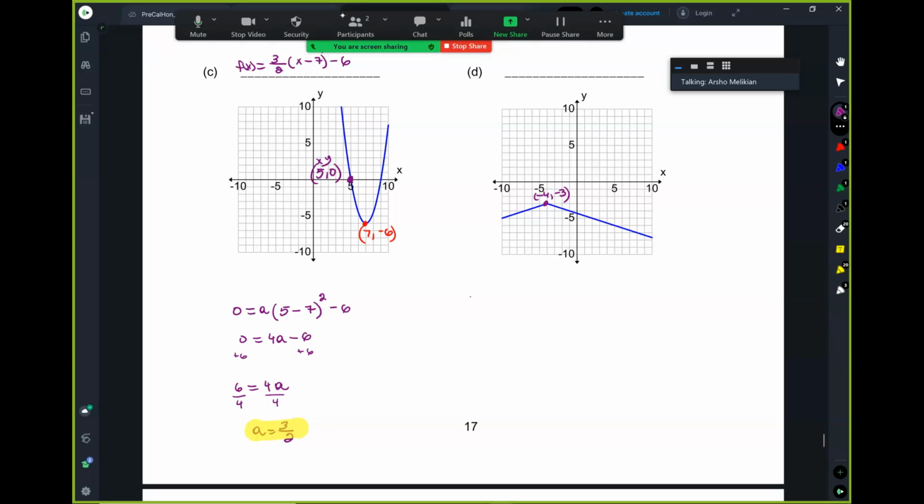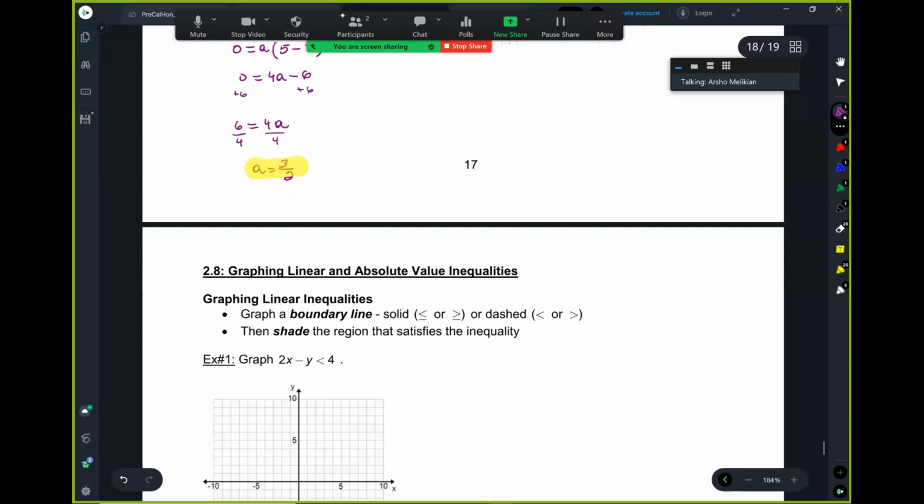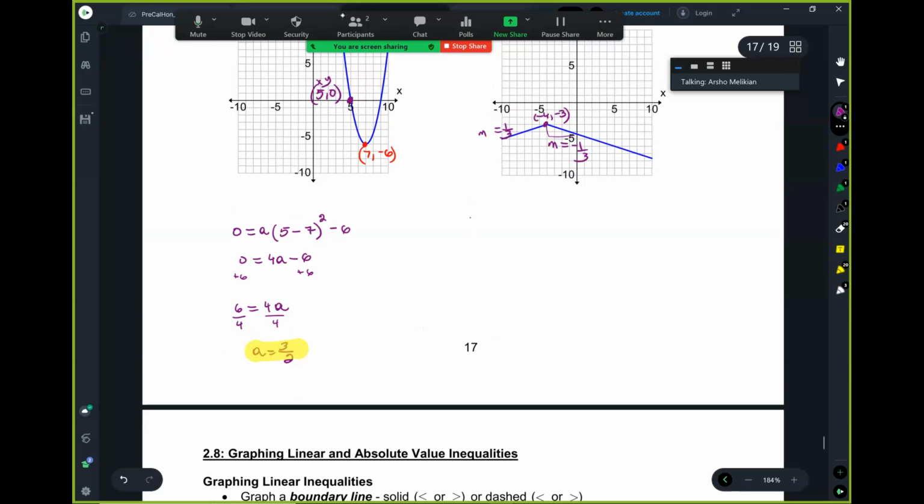How much is the slope here? It's negative 1/3 on this side, right? And then positive 1/3 on this side. So now, f of x is equal to, is this absolute value graph facing up or down? Down. This has a reflection, so it's going to be negative 1/3 |x plus 4| minus 3. Okay, that's that lesson.